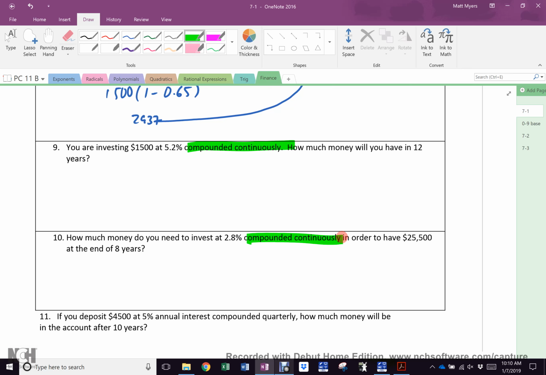What does continuously mean? Every second of every day. It is always happening. Can I put that into my formula? No, I can't, because I can't divide by infinity, can I? Right? Because it's always happening. So what you actually use is this button. A great many of you will see it on your calculator.